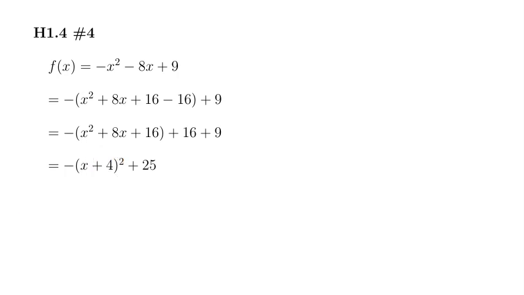So we're looking for the range. The largest value we can get would be 25, so I'm going to put the 25 there. That's the largest number, and we can actually achieve 25 by plugging in negative 4 for x, so that it's 0 plus 25.